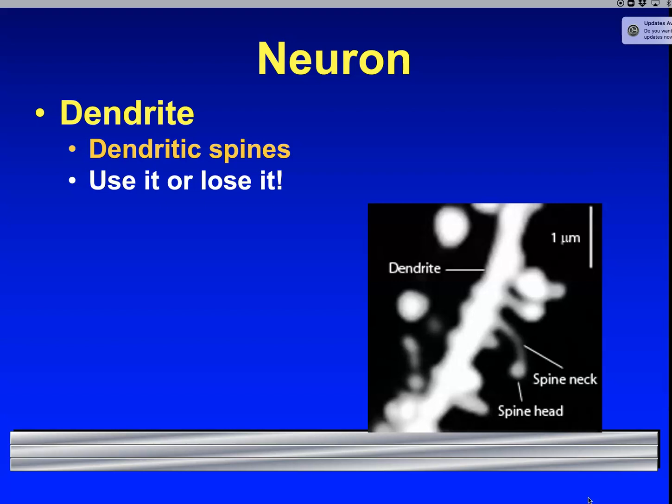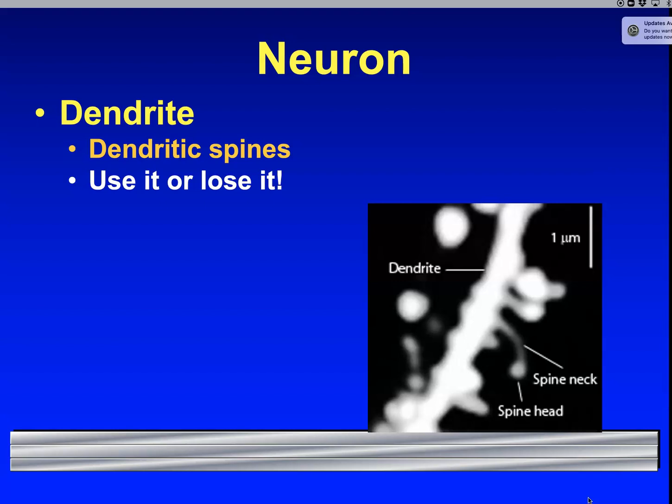And then they sacrificed the monkey and dissected its brain and looked at the right parietal lobe where sensations from touch go. And there were more dendritic spines. So there were more connections on areas that get a lot of signals coming. So you use it more, you form more connections. If you don't use it, you can lose those dendritic connections.